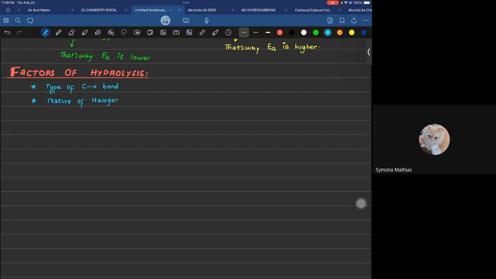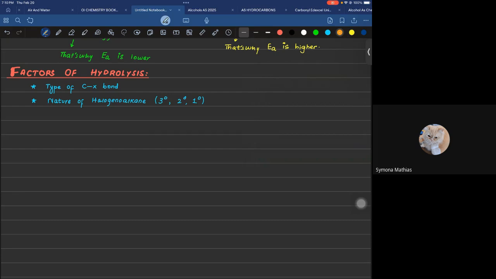I mean to say whether it's 3 degree, 2 degree, or 1 degree. So it depends on the nature of the halogenoalkane.